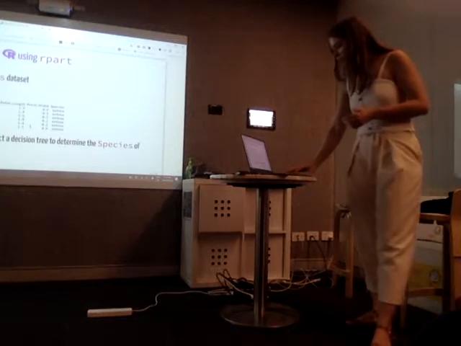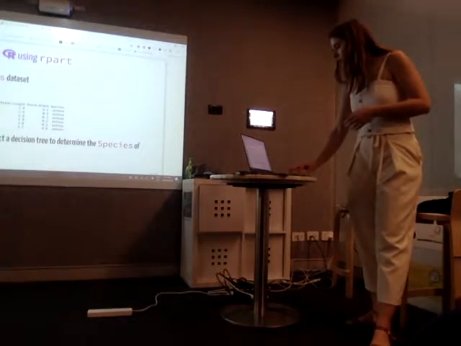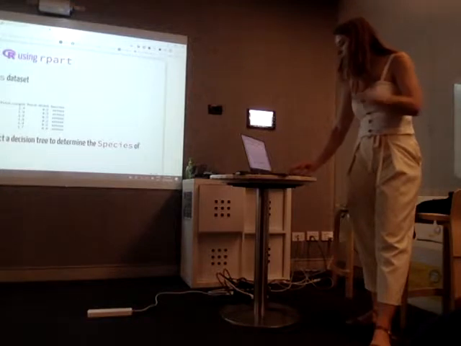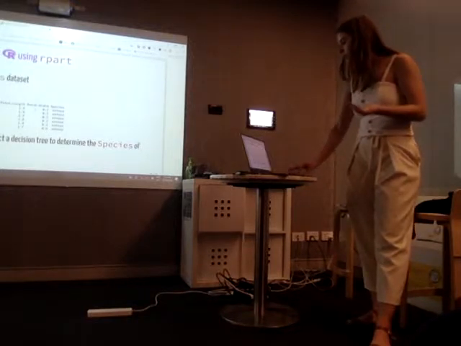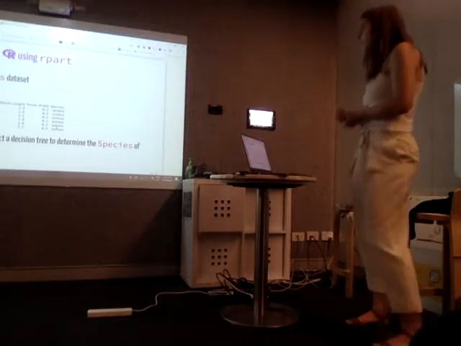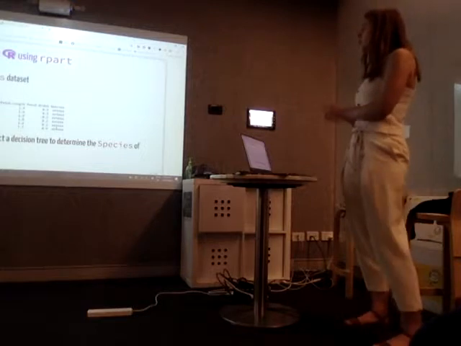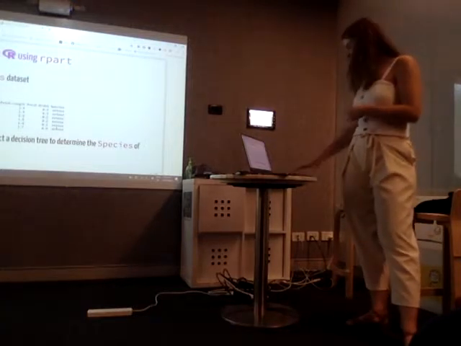Looking at the first 6 rows of iris, I've got 4 predictors: sepal length, sepal width, petal length, and petal width. And I've got what species of iris it was. What we're going to ask ourselves is, how can we construct a decision tree to determine the species of iris?